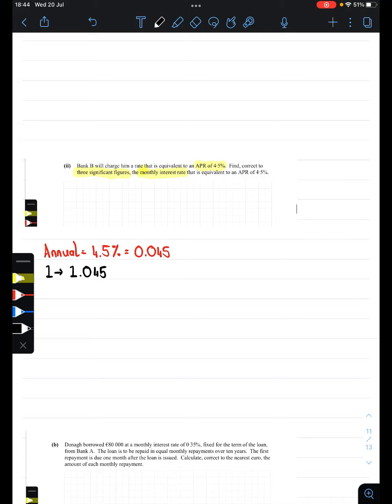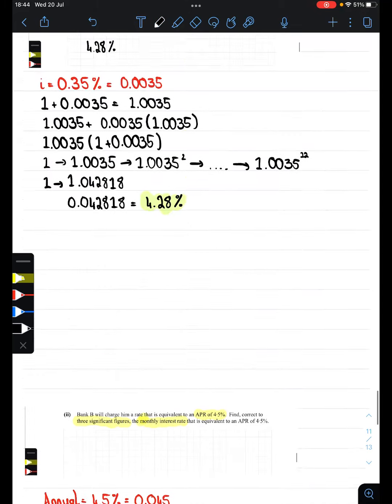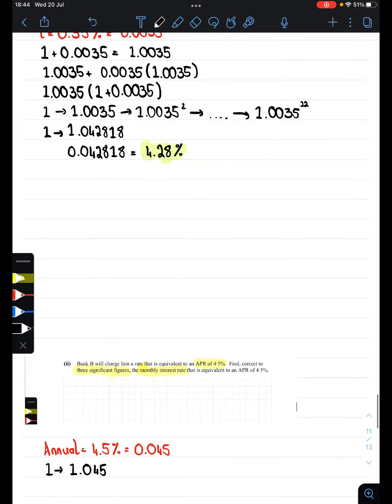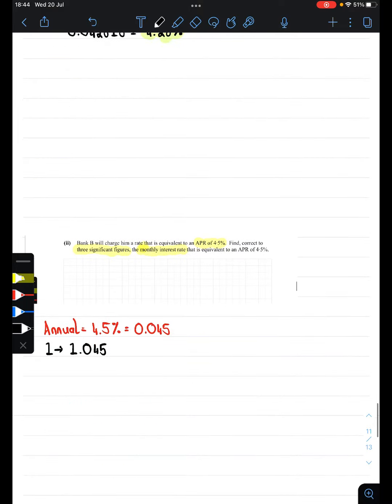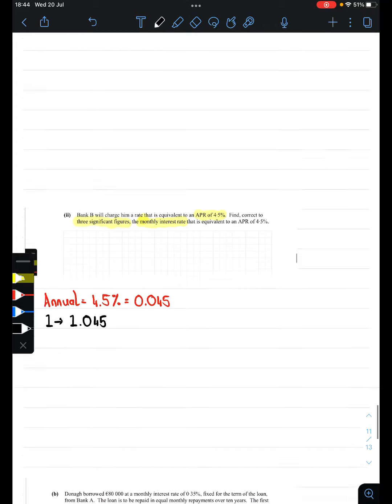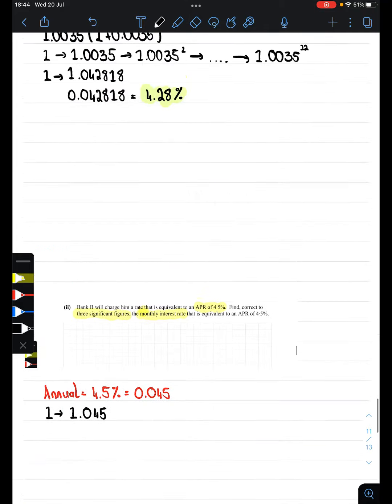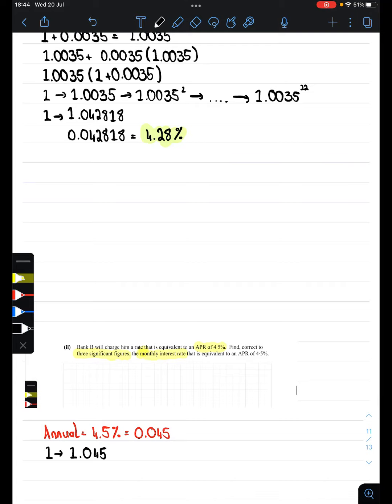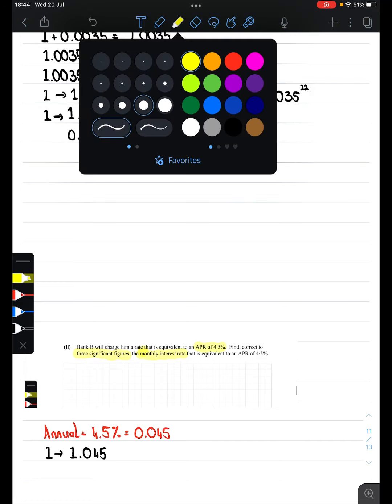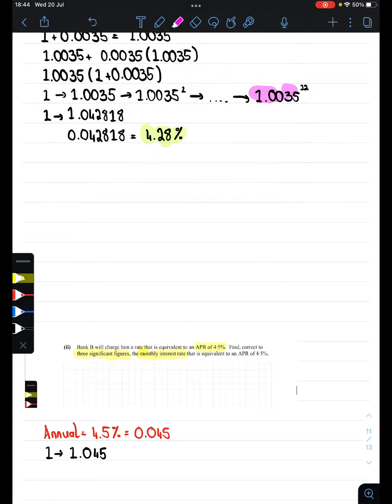We're going to have a similar approach, just going in backwards. If we knew the monthly, we know that the monthly to the power of 12 gives you your yearly.